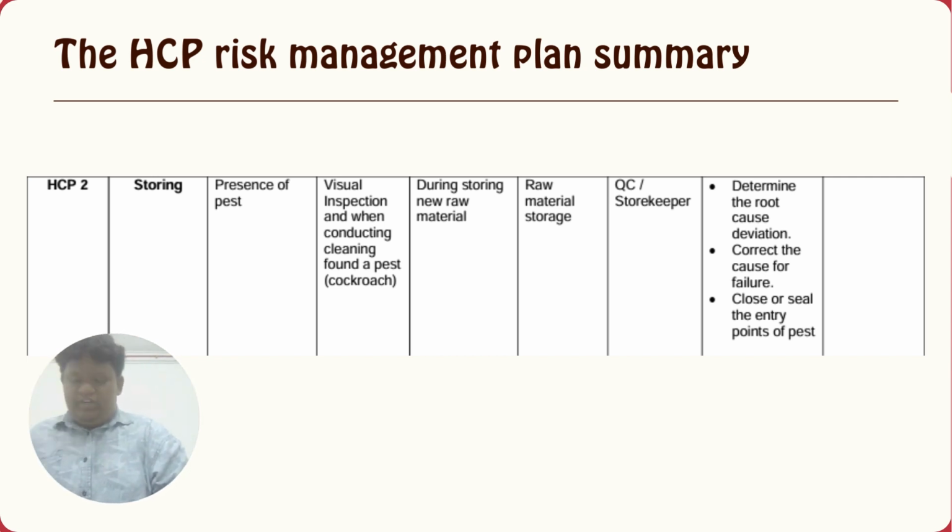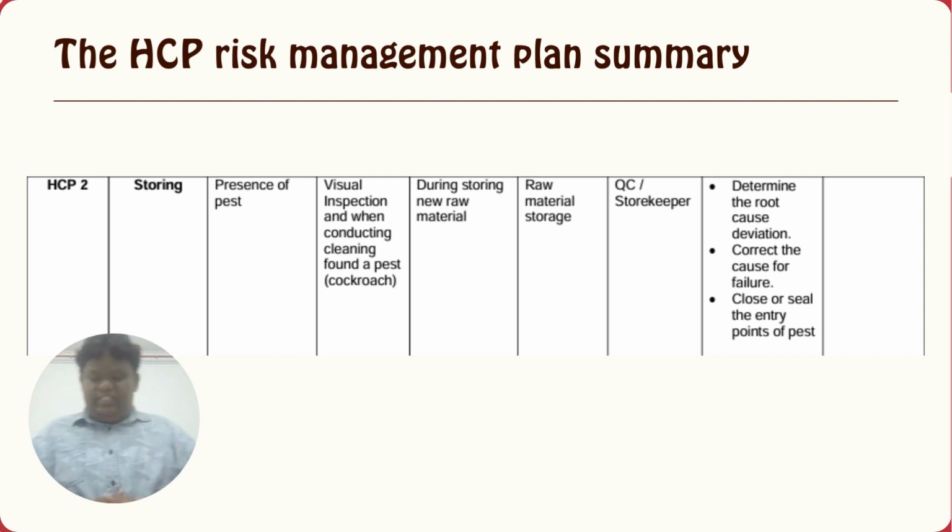For the corrective action, first we need to determine the root cause of the deviation, which means we need to find the root cause. Why can pests be found at this raw material storage? Is it because we did not do any activity like proofing, which is preventing access, or maybe we did not install pest control?